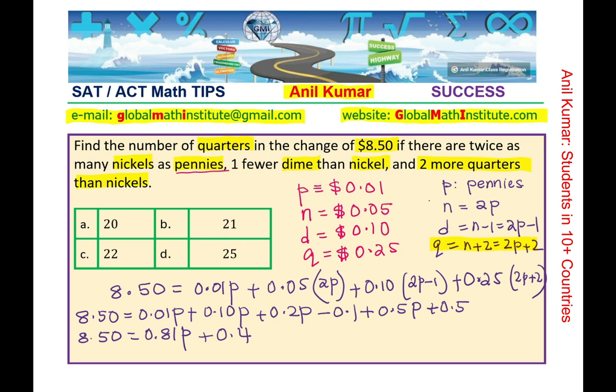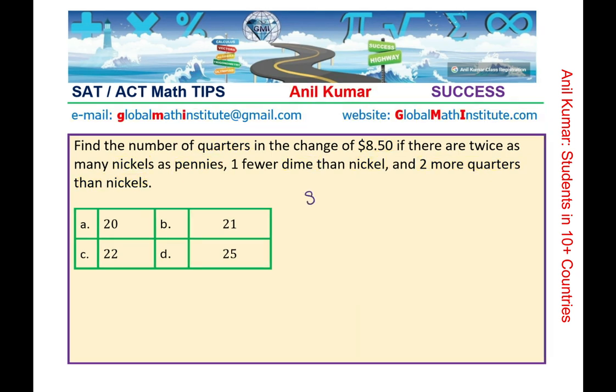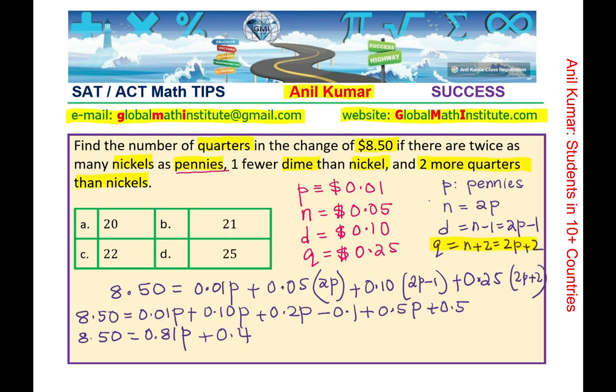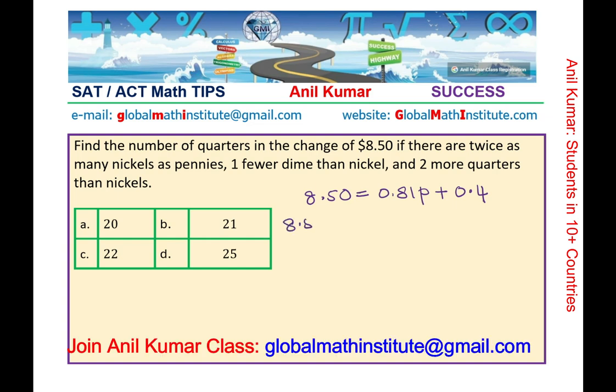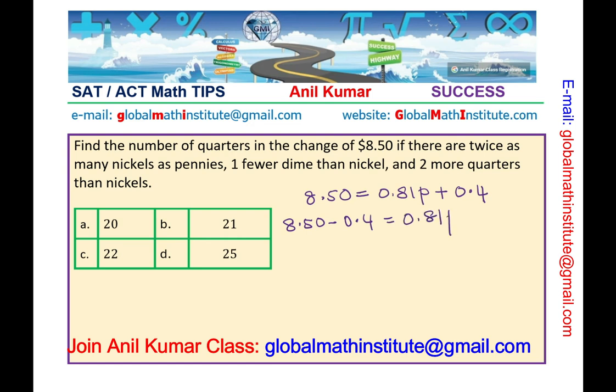Let's take it to the new page. We have 8.50 equals 0.81p plus 0.4. Let's bring the constants together. So 8.50 minus 0.4 equals 0.81p.